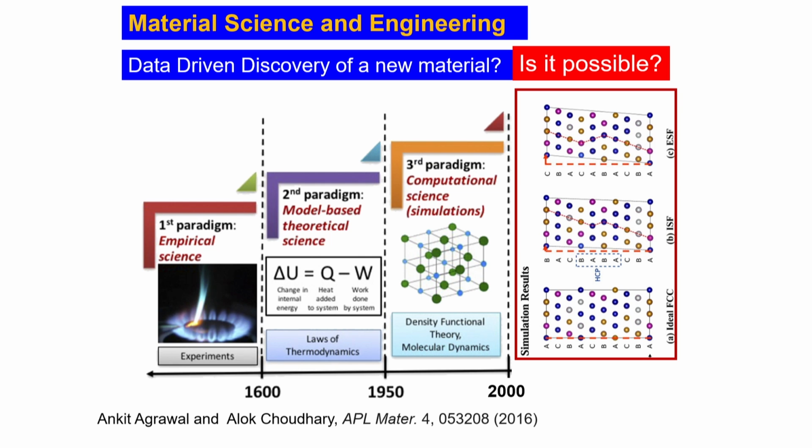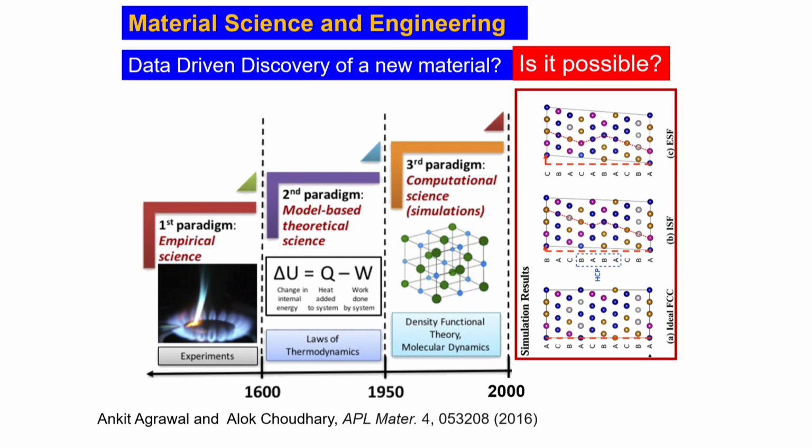But from the 1950s onwards, computers came into the picture. In fact, from the 1940s onwards, computers came into the picture thanks to IBM and other organizations. In the 1950s and 60s, computers became available to people with reasonable computational power, and we started doing what is known as computational science, what is known as simulations, and that made a new paradigm.